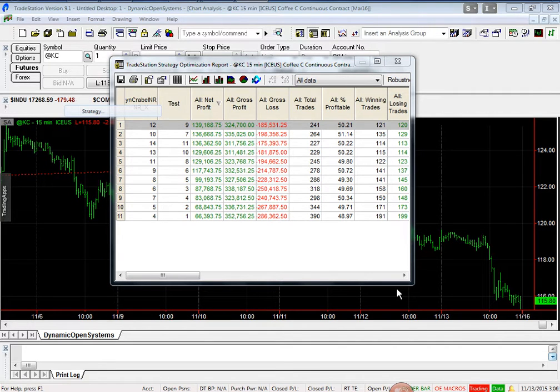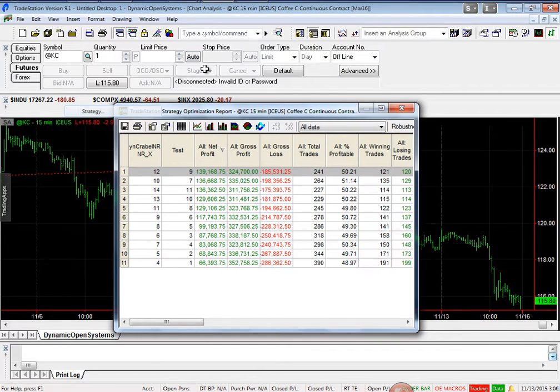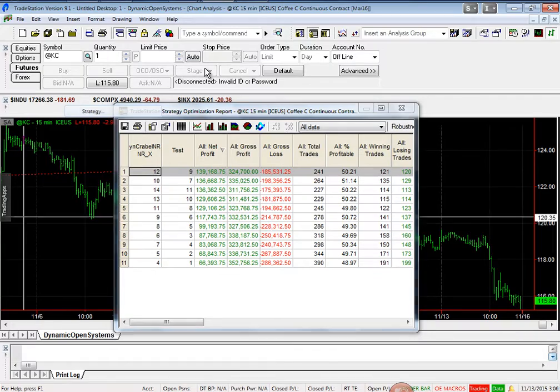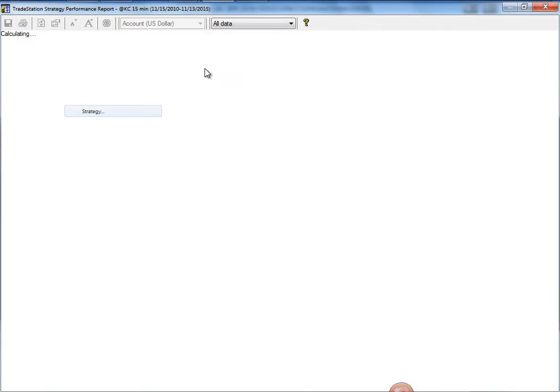So now when we look at our optimization, we see that 10 produces good results, 14 produces about the same results, 12 is the best, but 10 and 14, 12 is between there, 11's good, 13's good, 9 still is okay. So because of that, let's just stick with the 12 and see what our results are.